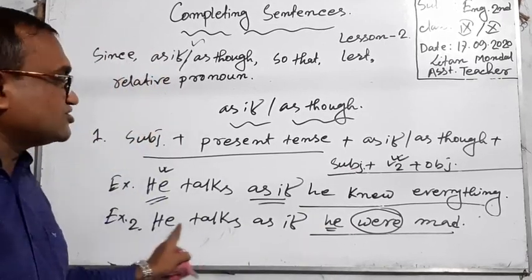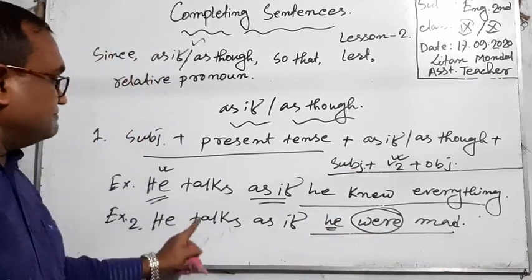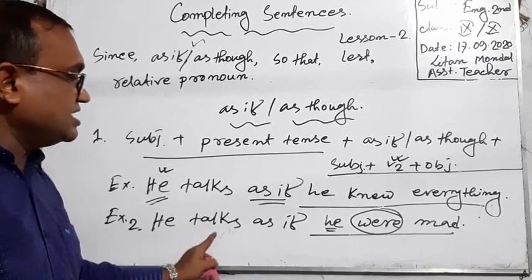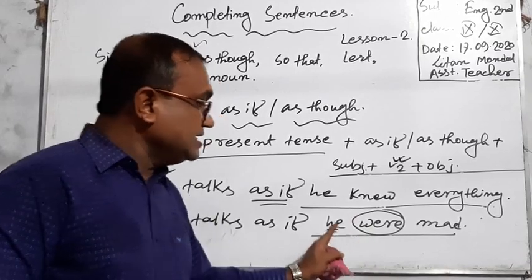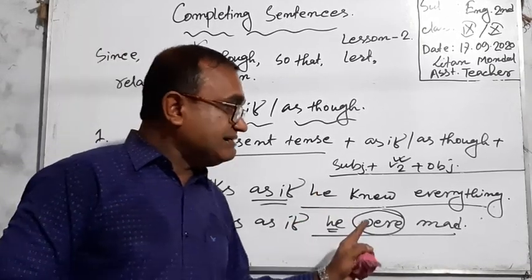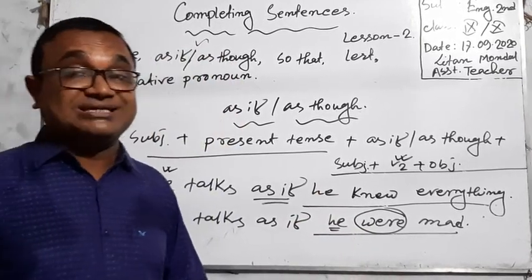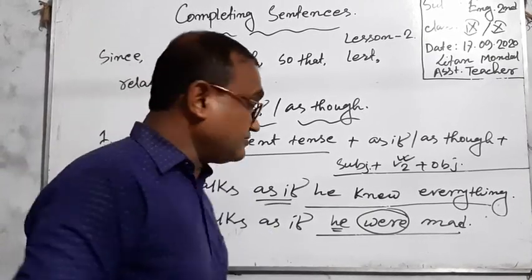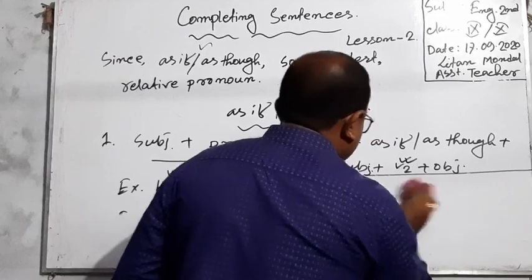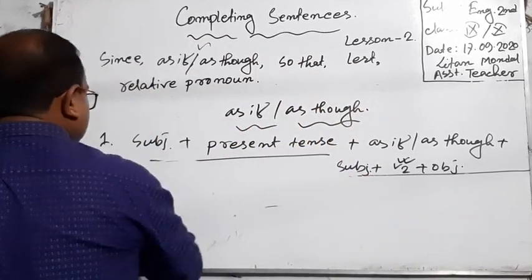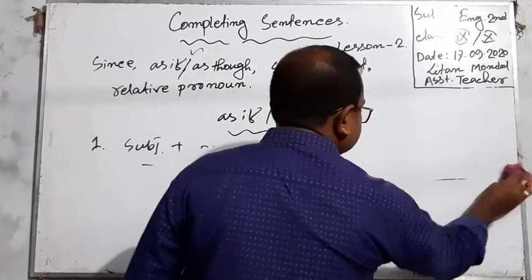Actually, he is not mad, but his behavior and attitude prove that he is talking like a mad man. Now we will go through the second structure of as if.